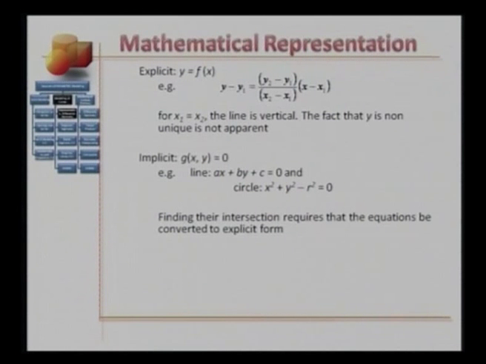If we find the intersection between this line and this circle, the first thing we would need to do is convert these equations into the explicit form respectively. And further, if there are two real roots, computing those roots will take extra mathematical processing.